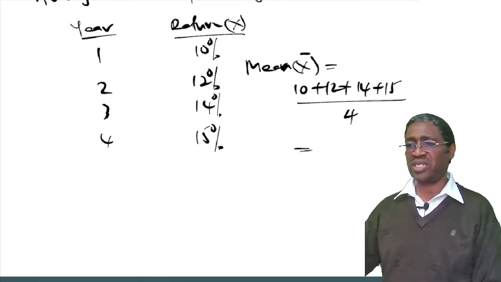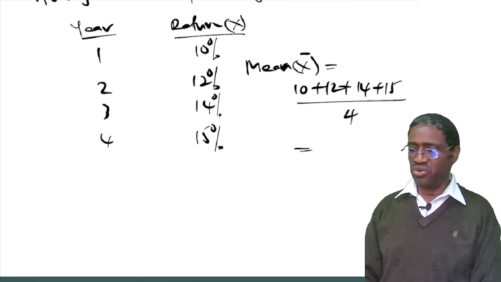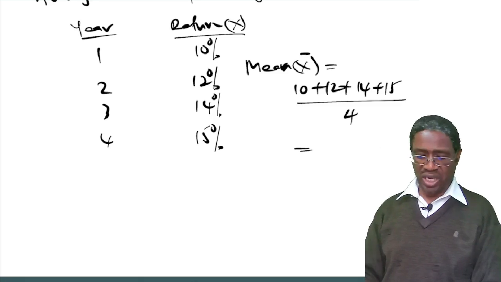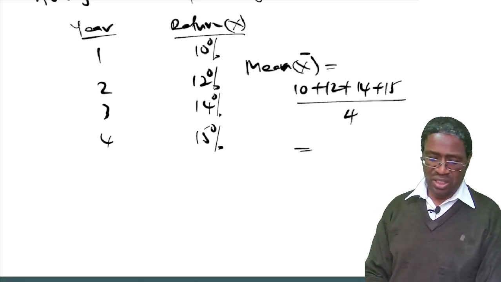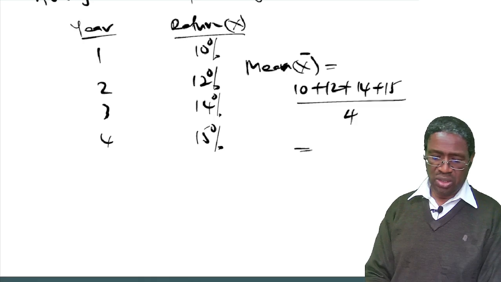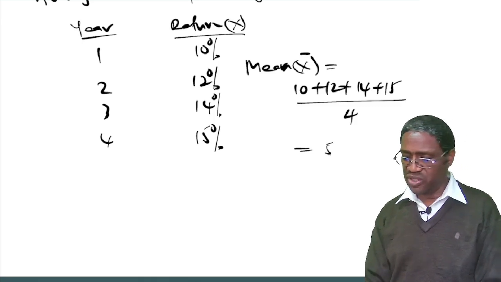Good. So what is the average return? Let me do that calculation for us. The first year, 10% plus 12 plus 14 plus 15. That gives me 51.